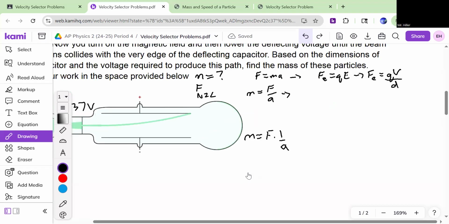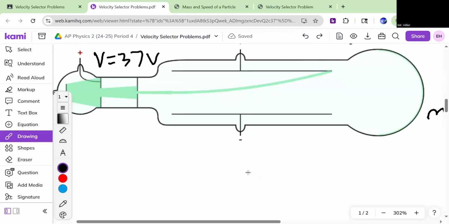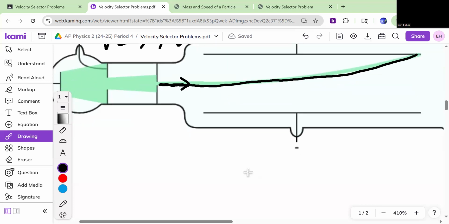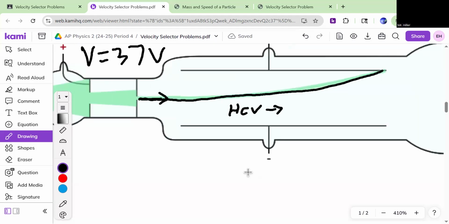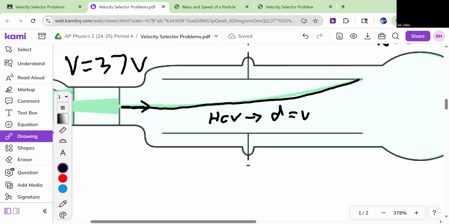All right, how are we going to find acceleration out of this? If you look at what's happening with this beam, it resembles a projectile, specifically a horizontally launched projectile. And what do we remember about horizontally launched projectiles? Horizontally, they move with constant velocity, meaning distance equals velocity times time.